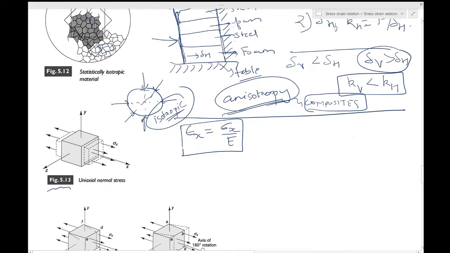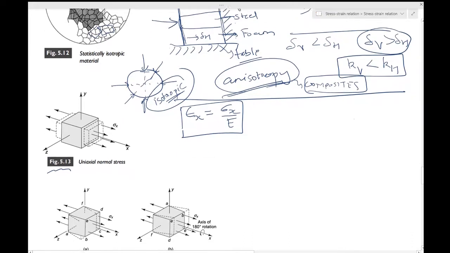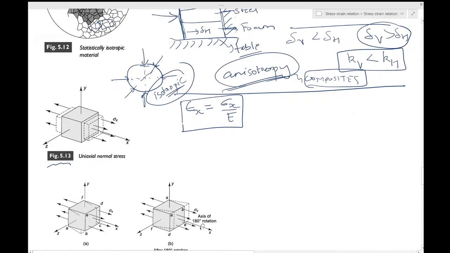Now, since we want to develop a general theory in which not just one component acts, you can have forces or stresses acting in all the directions. So in addition to the normal component of strain in the x direction, our experience with rubber bands, if nothing else, leads us to expect that there will be a lateral contraction when a bar is elongated.